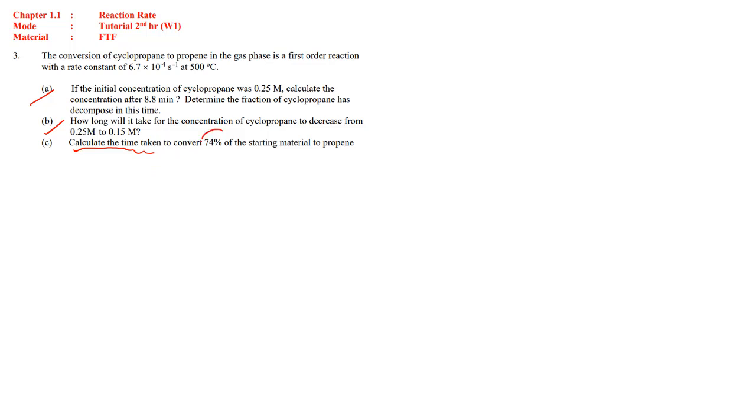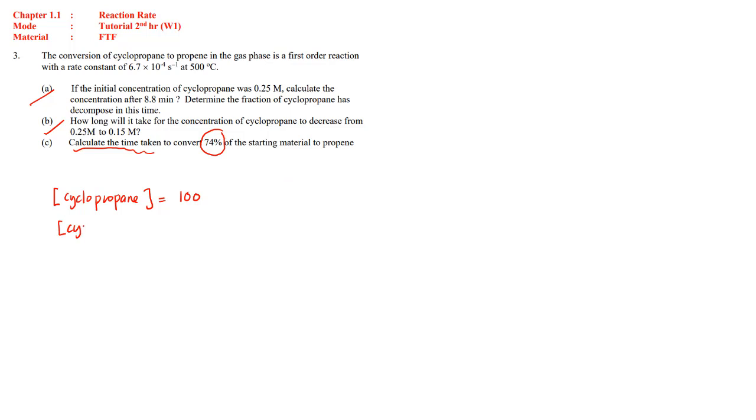Calculate the time taken to convert 74% of the starting material to propane. Okay, for this question, since it is given to you in the form of percentage, therefore we assume that the initial concentration of cyclopropane is 100% or 100.